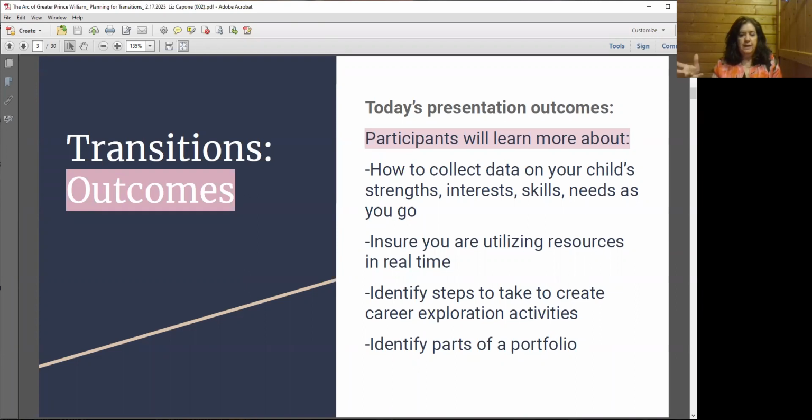So we're going to talk today about how to collect data on your child's strengths, interests, skills, and needs. And I really want to separate those out. You'll see as I go, because every child has strengths, every child has interests, every child has skills, and every child has needs. And maybe when we're sitting there with our child, I don't want to say we take them for granted, but we don't even know what is going on in front of us. If we're like, oh, they're on an iPad.